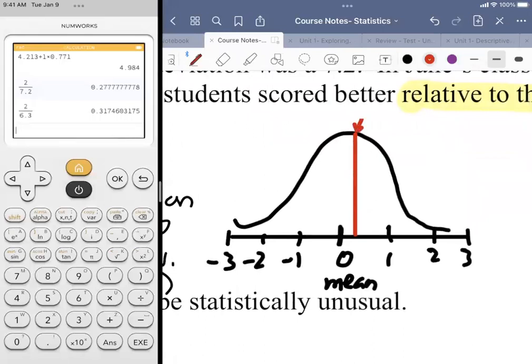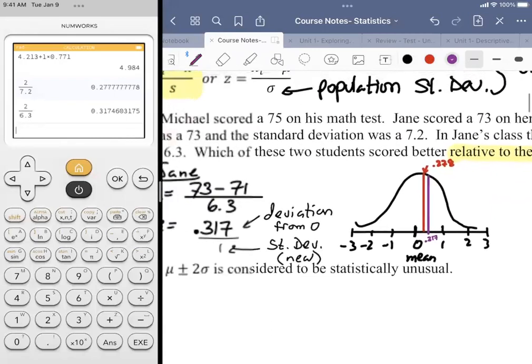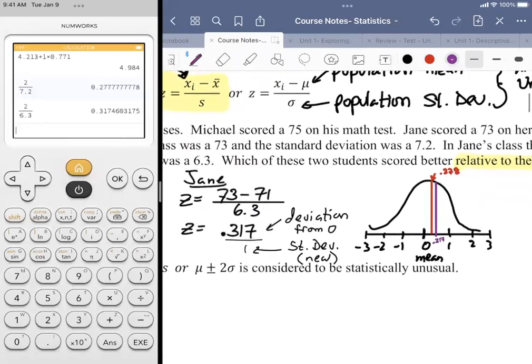We'll go with that as 0.278. And then 0.317 is just going to be a smidge to the right. A little too thick there. All right, so one of them is a little bit further to the left than the other. But now we have a basis of comparison. We can look at them together and say, all right, which one's better than the other?